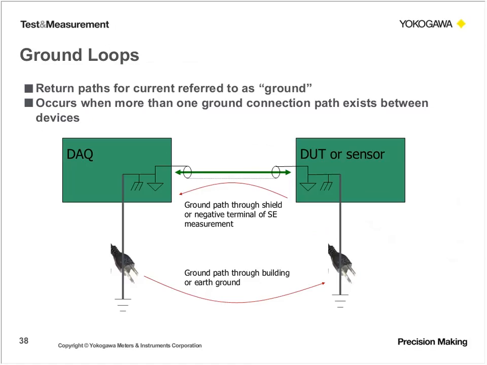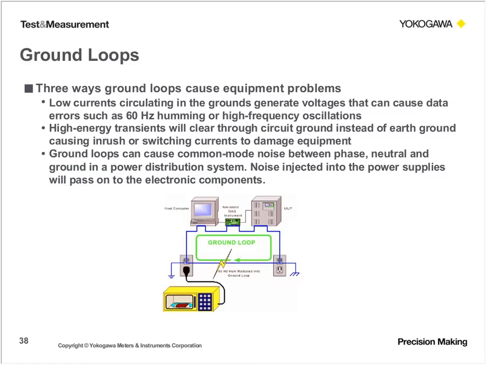Now, another thing with common mode noise is ground loops. Ground loops occur when you have two different reference ground points. An easy way of knowing if you have a ground loop: typically, you'll notice some humming or some high-frequency oscillations in your signal.